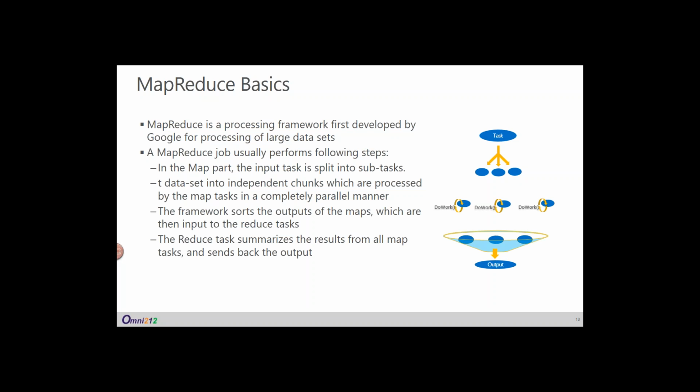The reduce task summarizes the results from all the map tasks and sends back the output to the client. In this manner, for any task that might take up to 3 hours on ordinary systems, you can split that task into 3 parts and process them in parallel, thereby completing the entire processing in just 1 hour.